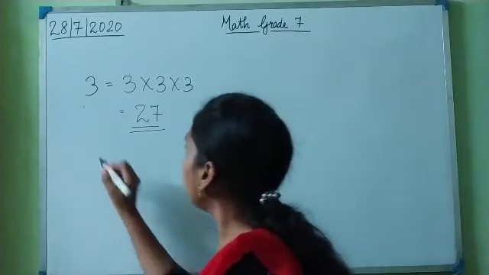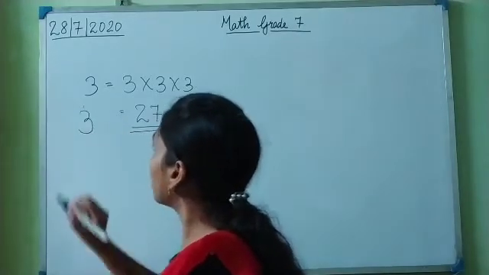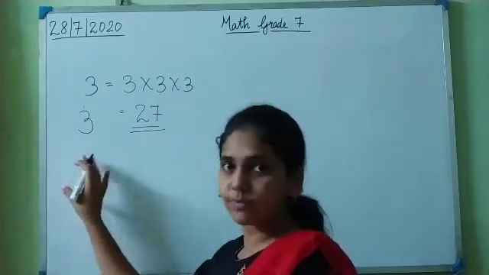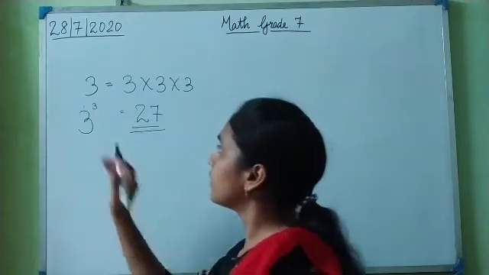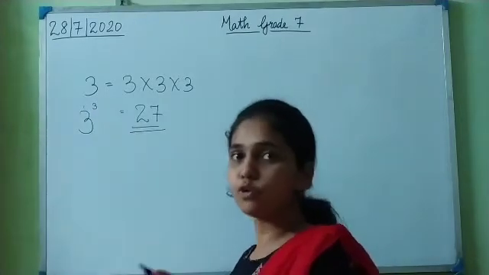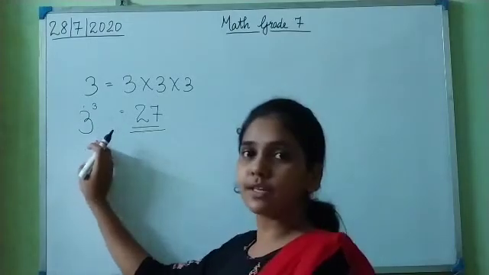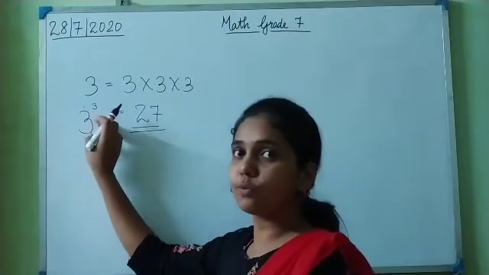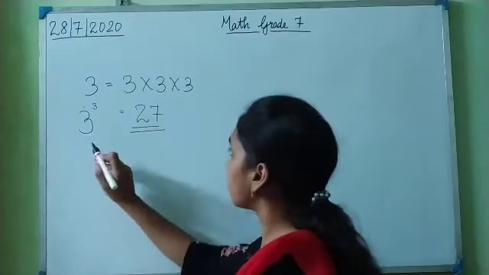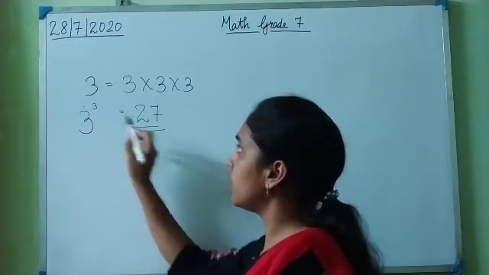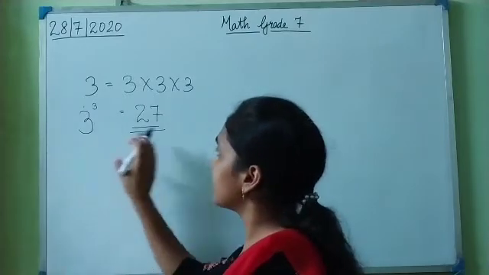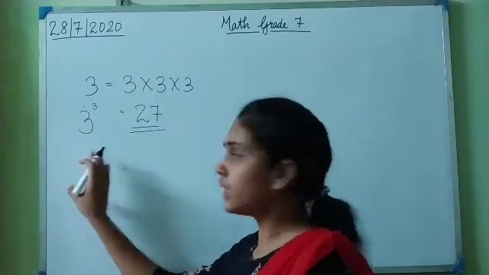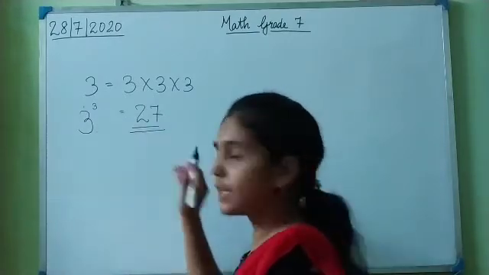So we say that the cube of 3 is 27. Cube means the given number is raised to the power 3. So 27 is the cube of 3, or 3 cube is 27.